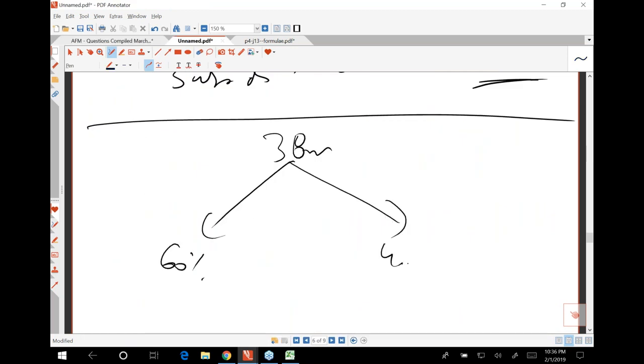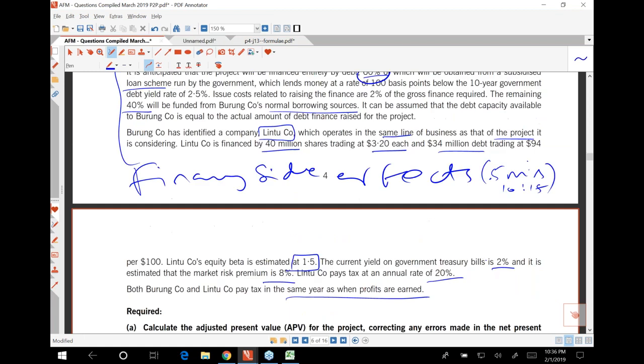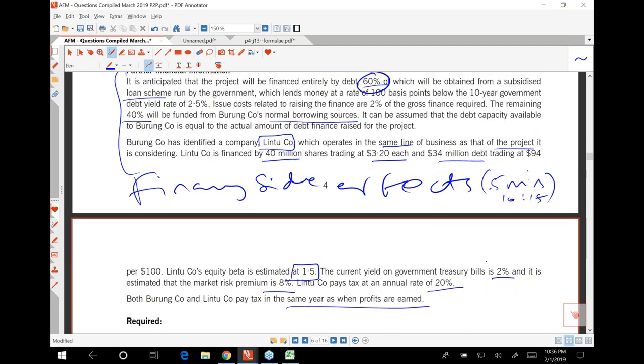60%, how much is the 60% amount? It will be financed by the subsidized loan scheme run by the government, which lends money at a rate of 100 basis points below the 10-year government debt yield rate of 2.5%.